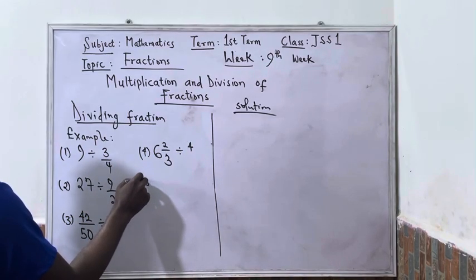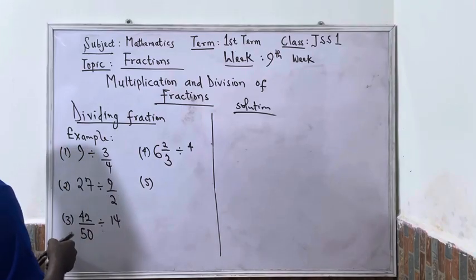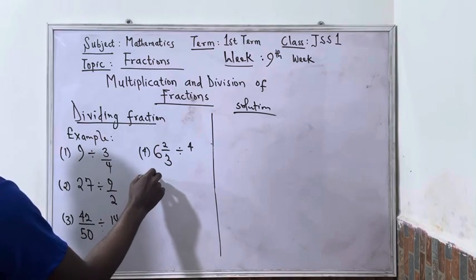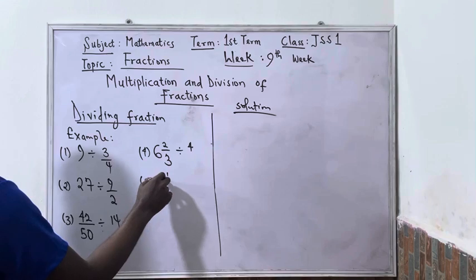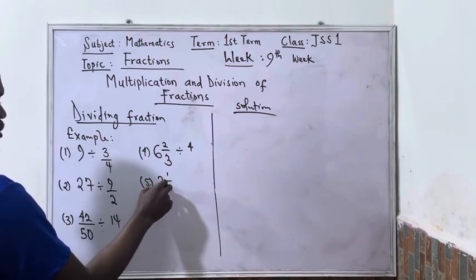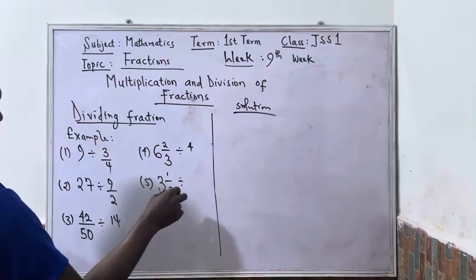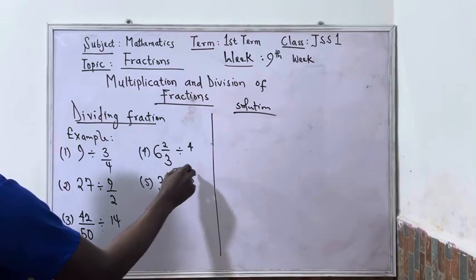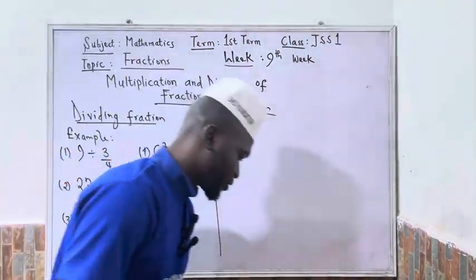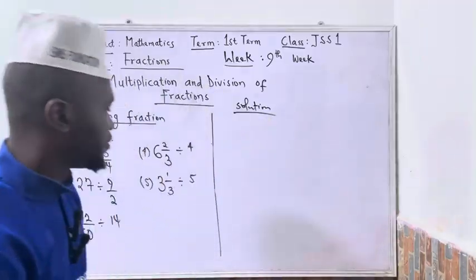Next, let's say number 5. We now have 3 whole number, 1 over 3 divided by 5. All right, so this will be the end of the video.